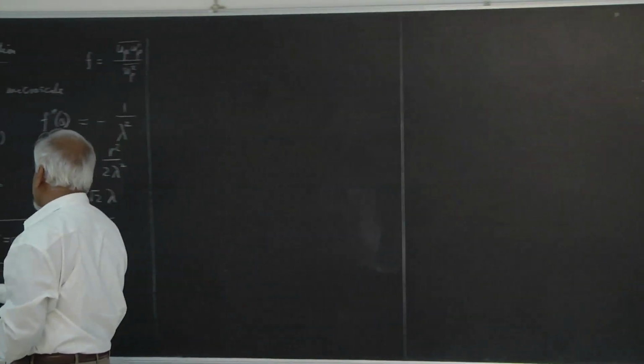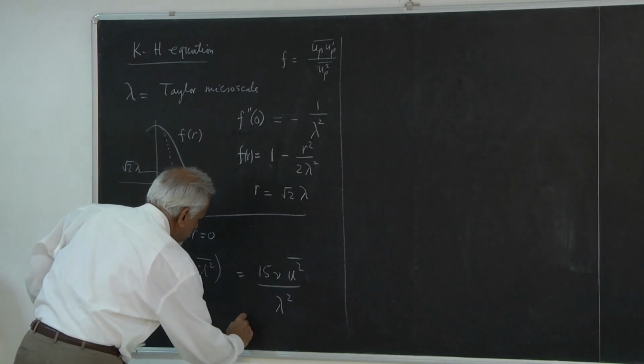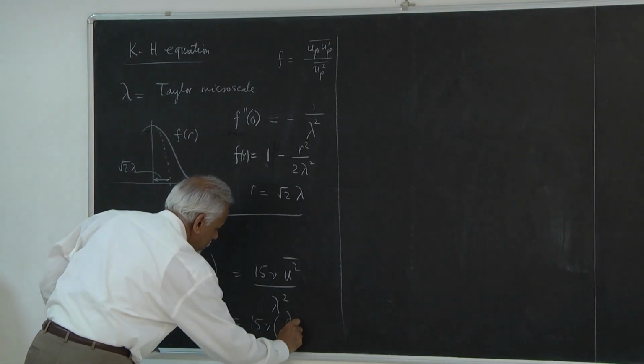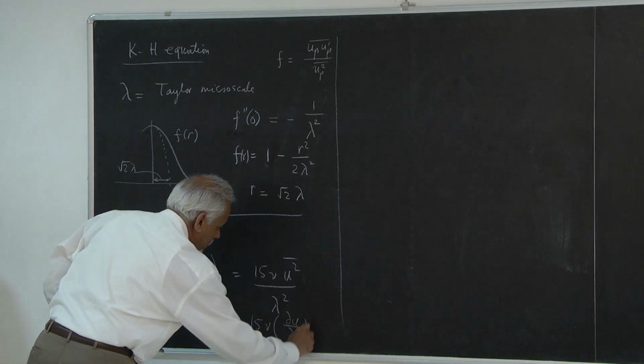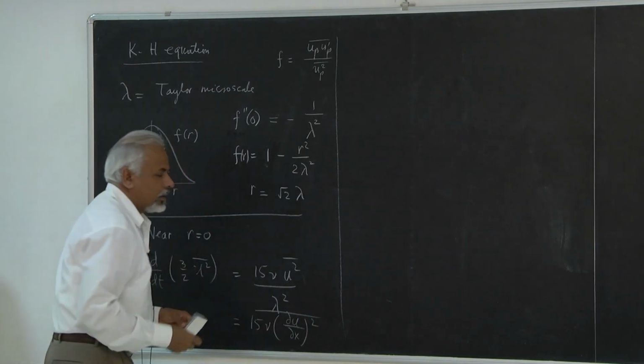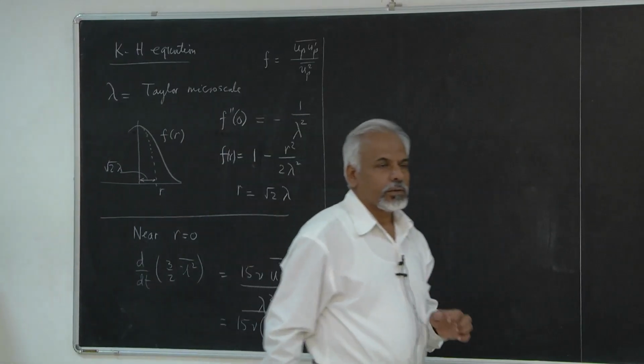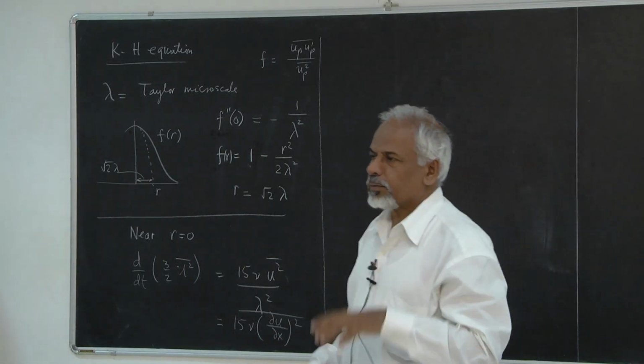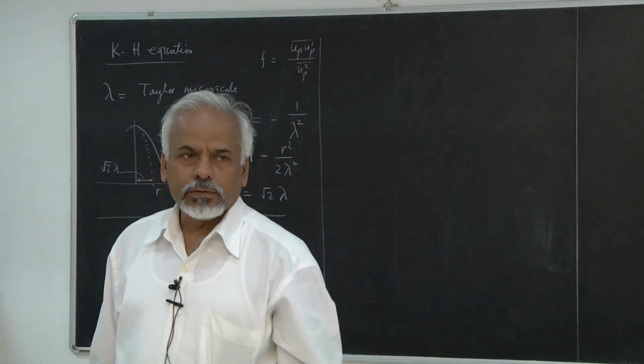So you use all those things. The dissipation, that is the rate of change of energy, turns out to be 15 nu du dx squared. Last night I tried very hard to get you a small, brief proof, but it took a lot longer, I mean 4 or 5 pages, so I don't think I want to do it.